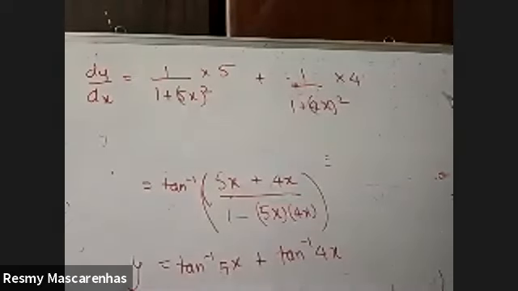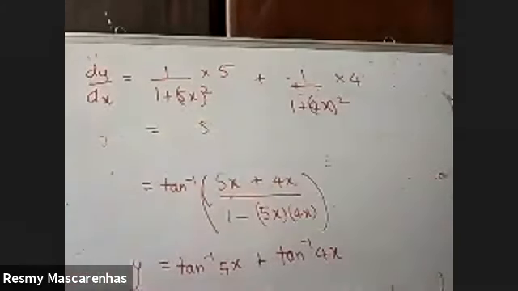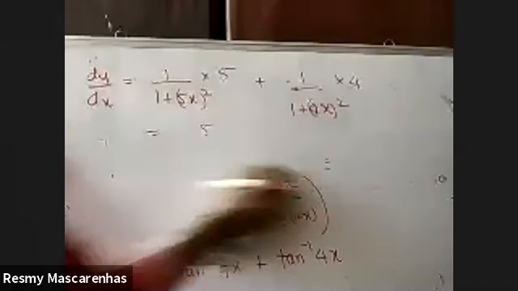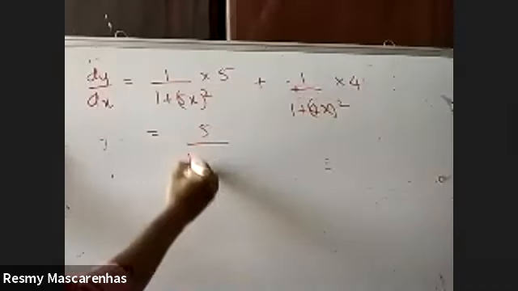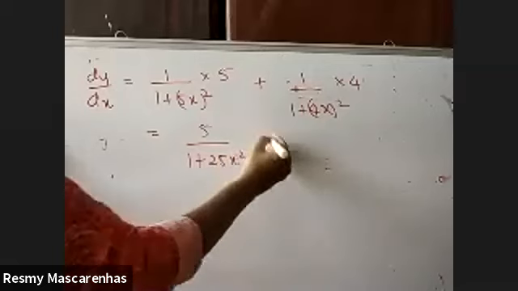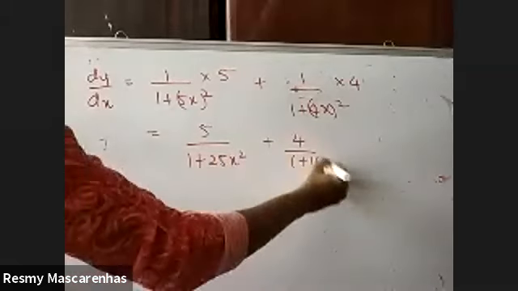So that will be 5 upon 1 plus 25x square, plus 4 upon 1 plus 16x square.